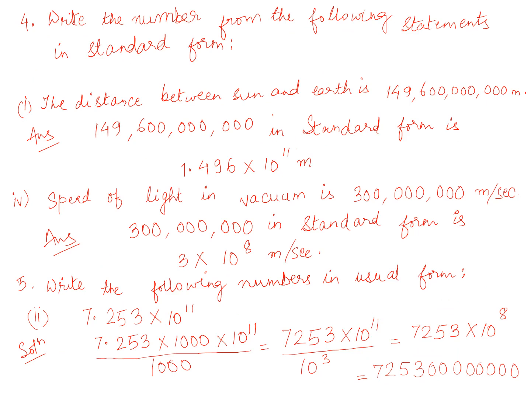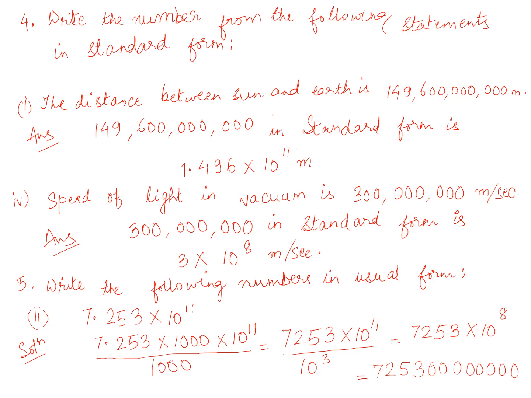Question number 4. Write the number from the following statements in standard form. Statements are given, numbers are given, and you have to write them in standard form. The distance between the sun and the earth is 149,600,000,000 meters. First you write this number in standard form. See the very first digit, write it: 1.